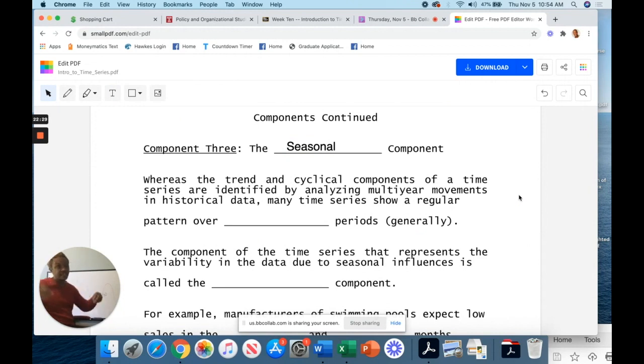If the cycle is weekly, let's imagine the cycle is Sunday to Sunday, then a discussion of the seasonal component tells me what's going on within that cycle. Yes? So let's just say the cyclical component, in terms of website visits, was Sunday to Sunday.